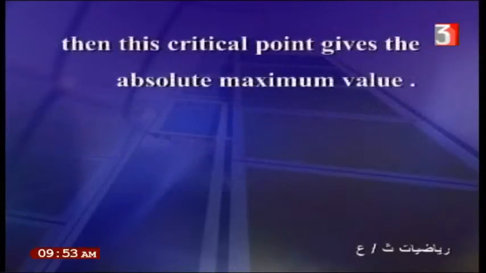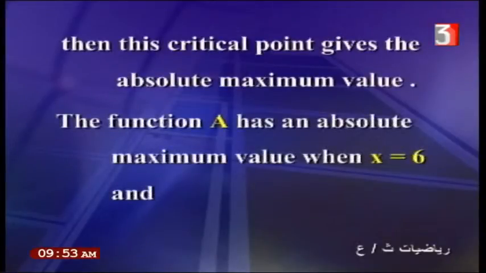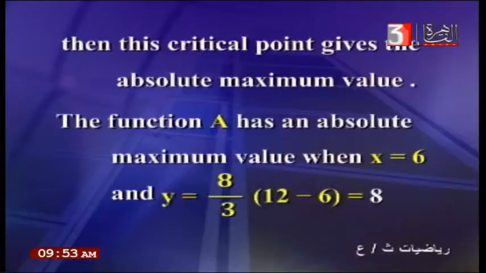Then this critical point gives the absolute maximum value. The function A, which is the area of the rectangle, has an absolute maximum value when x equals 6 and y equals 4 over 3 multiply 12 minus 6, which equals 8.